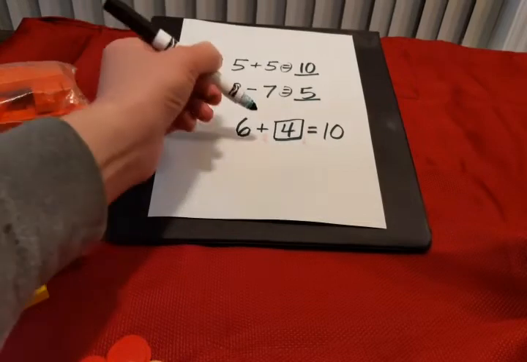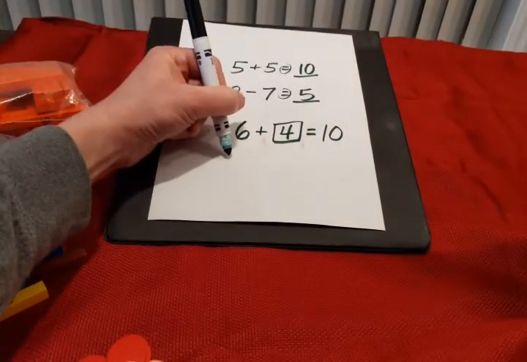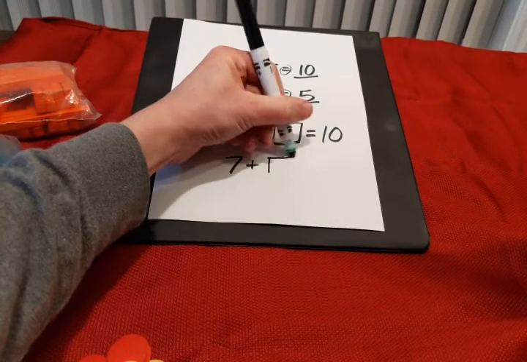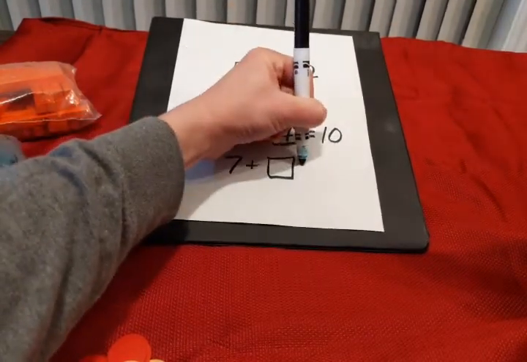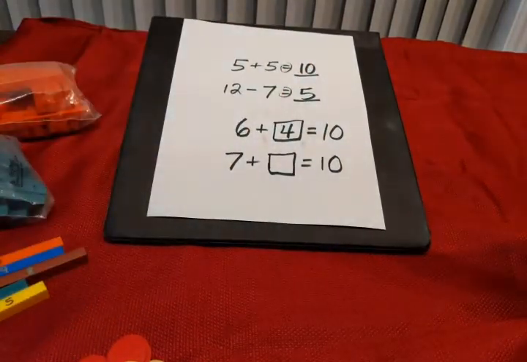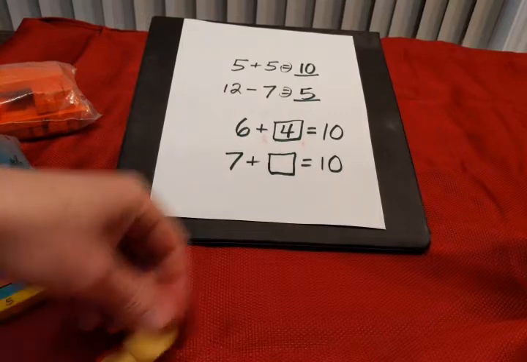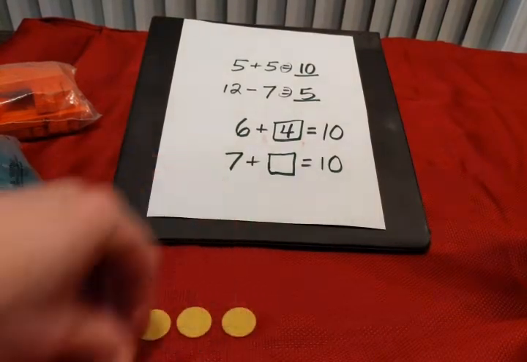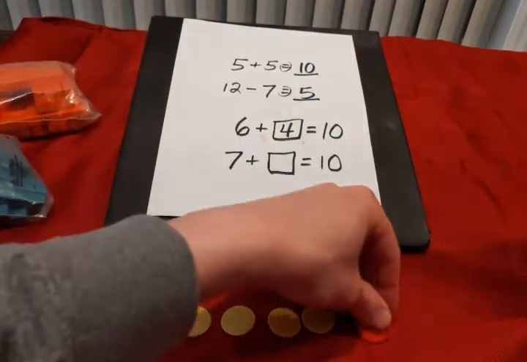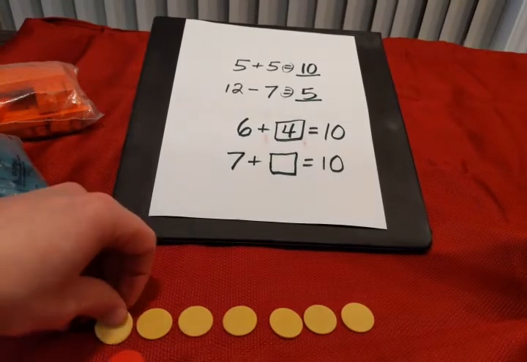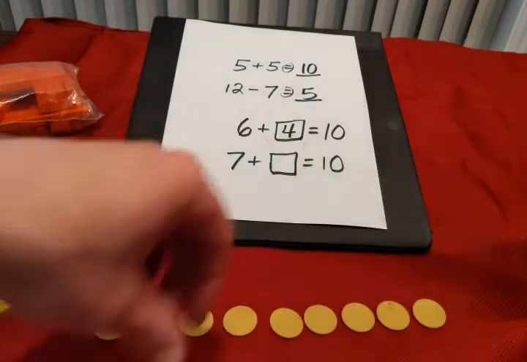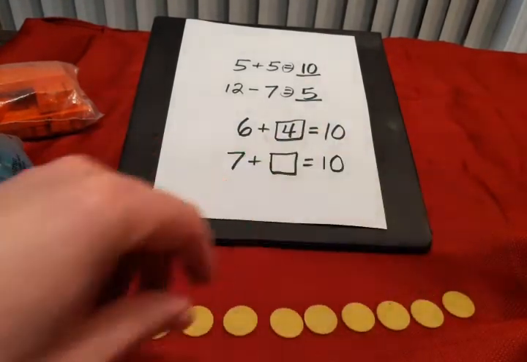So let's figure out another mystery. How about I'm going to make it 7 plus another mystery number equals 10. All right, we have to find that mystery number. So first of all, I'm going to build that 10. Let's look at what 10 looks like. Just like I did with that Cuisenaire rod, I'm going to put my 10 on the top. And 1, 2, 3, 4, 5, 6, 7, 8, 9, 10.